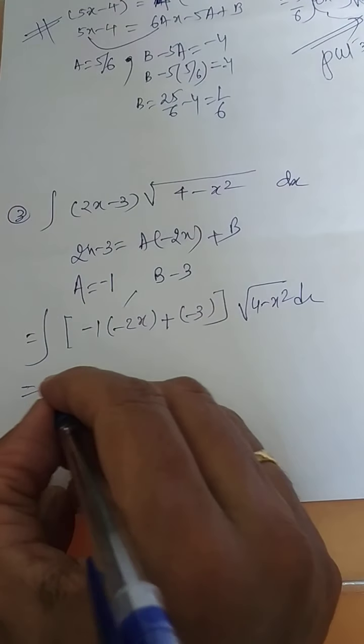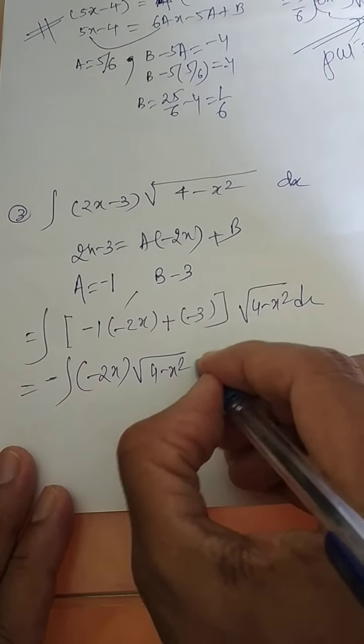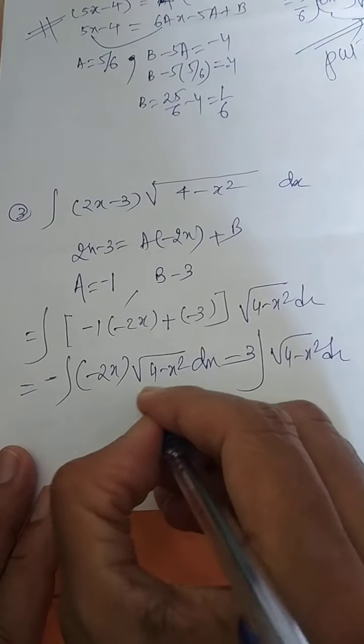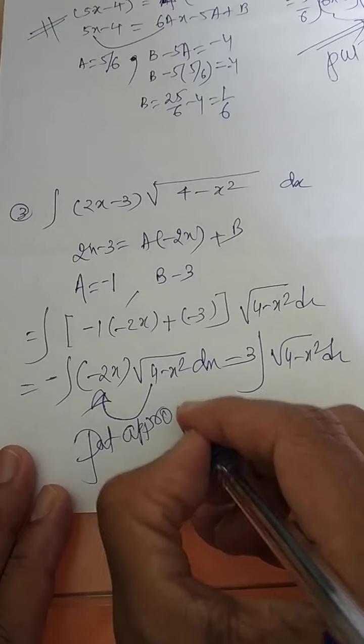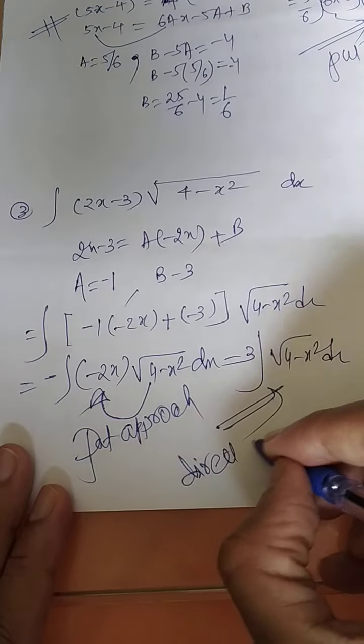Now this is minus 1 outside, minus 2x root of 4 minus x square dx, minus 3 outside, root of 4 minus x square dx. This is again the substitution approach, and this is the direct formula for sine inverse.